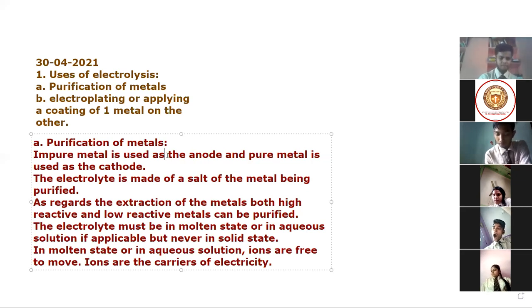In molten state or in aqueous solution, ions are free to move, and ions are the carriers of electricity. Have you copied this page? Because I will be going to the next. Nandini, you have copied? I will give you a couple of minutes.